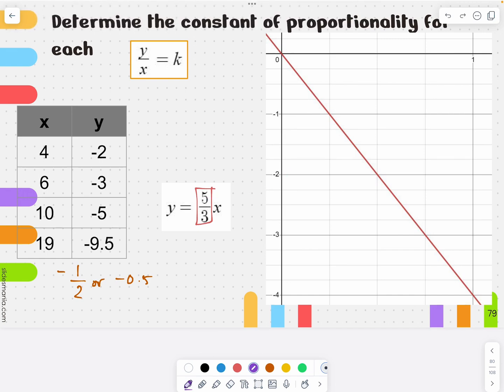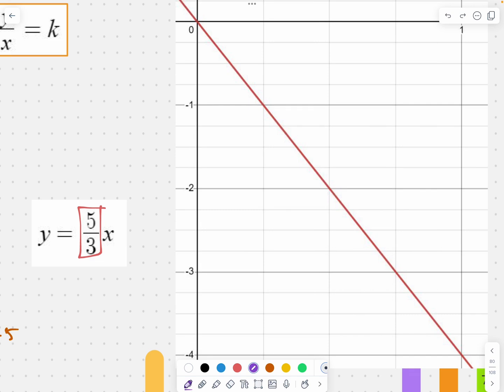What about from this graph here? So it's a straight line that goes through the origin. There's 0, 0, where the x and y axis meet. So it is proportional. The constant of proportionality I can get by taking the y value and dividing by the x value. So I could use this point, this point, this point, or this point.